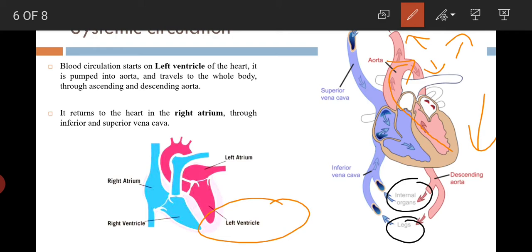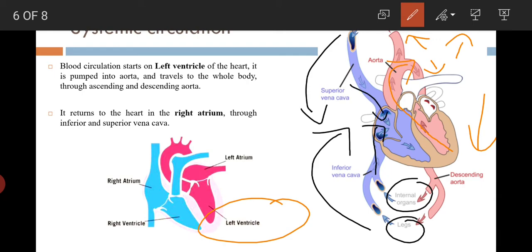For example, the internal organs or the legs: the blood vessels give oxygen to the cells and tissues by gas exchange and diffusion, and then the blood takes the carbon dioxide and returns to the heart through the superior and inferior vena cava. These veins return the blood to the right atrium.